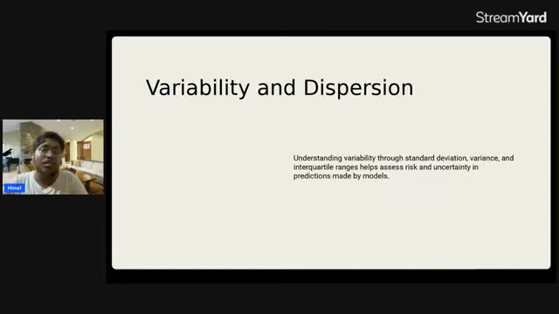Visualizing this data using tools like box plots or histograms can bring clarity to this concept, as we have seen before in the histogram, making it easier to interpret the variability in your dataset.